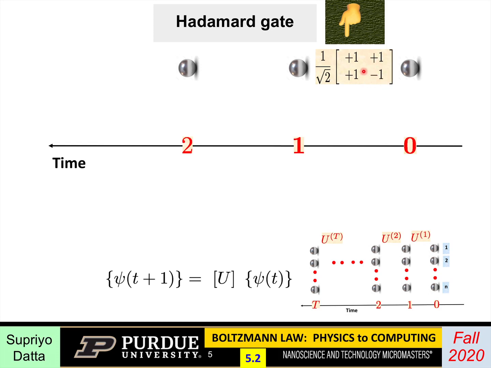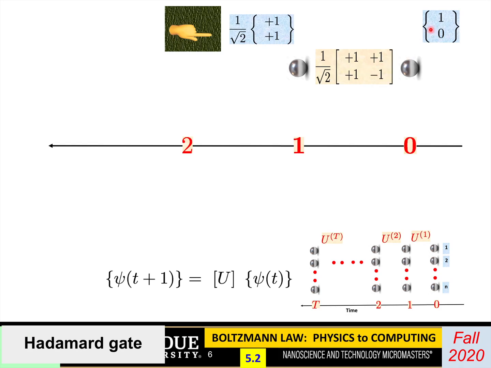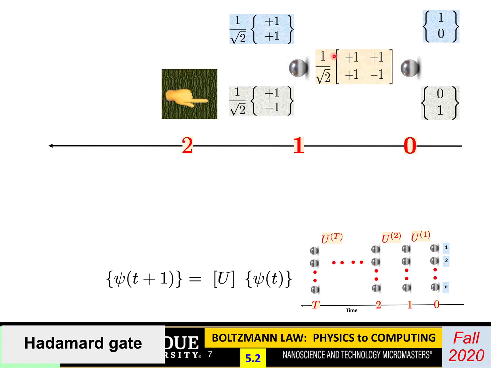Now, if the initial state is, say, up, the initial wave function is all up, then if you multiply it with this matrix, you'll see what you get is a superposition of up and down. Now, if the initial state is down, and you multiply it with this matrix, again you'll get a superposition, but now the down component will have a negative sign to it.